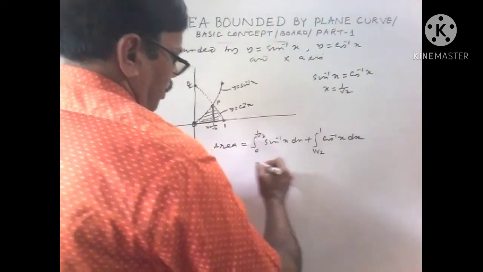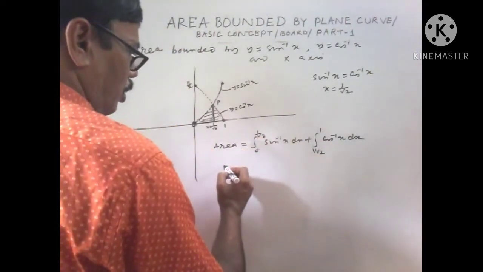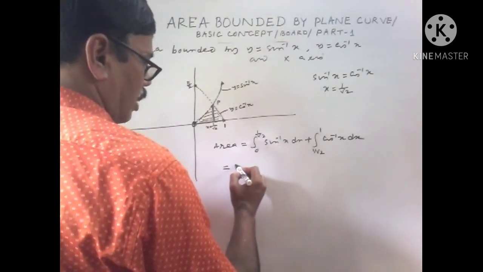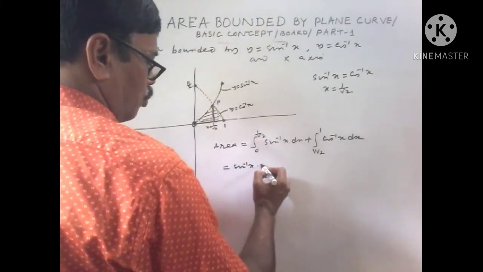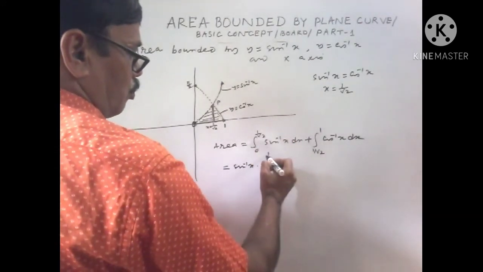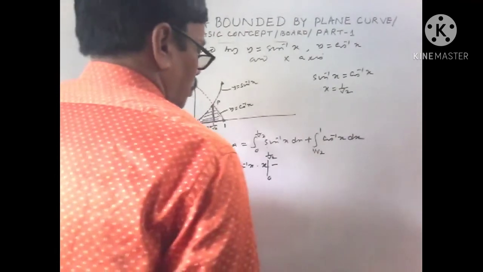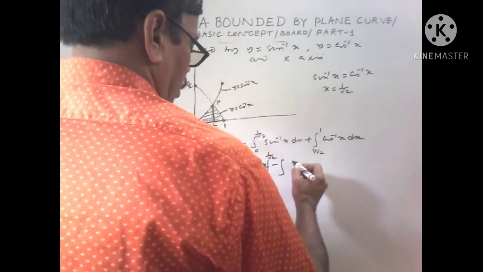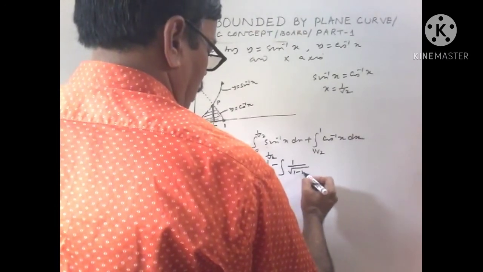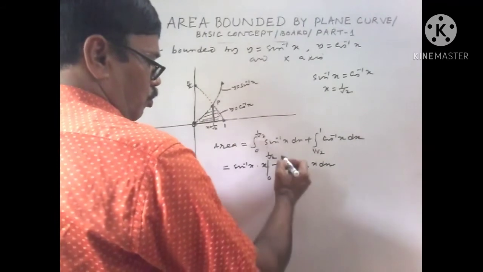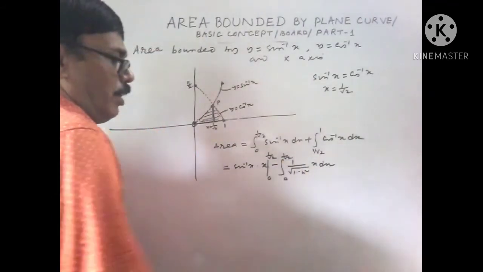So you complete it. Sin inverse x, you have to integrate by parts. So sin inverse x into x, from 0 to 1 by root 2, minus the integration of x by root under 1 minus x square dx, from 0 to 1 by root 2.